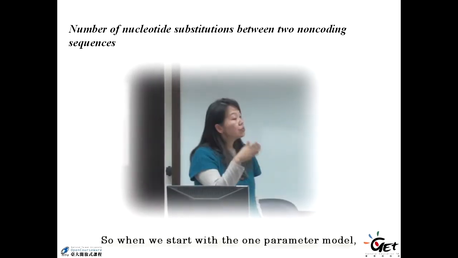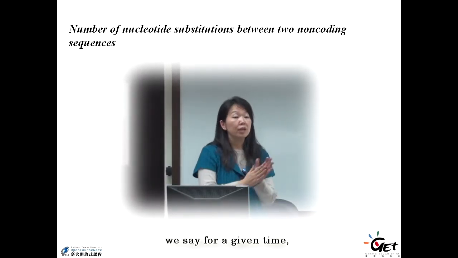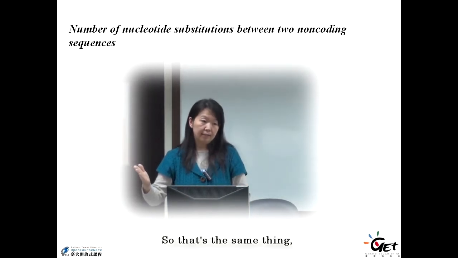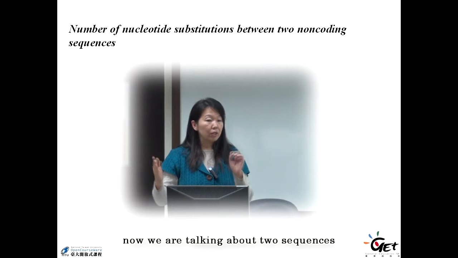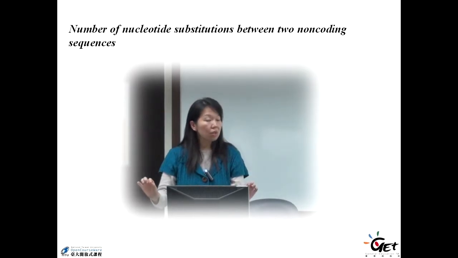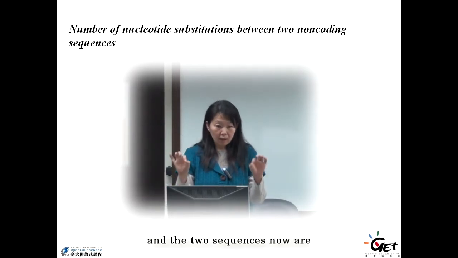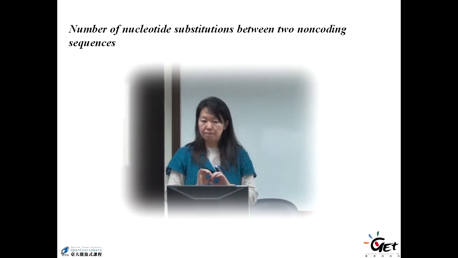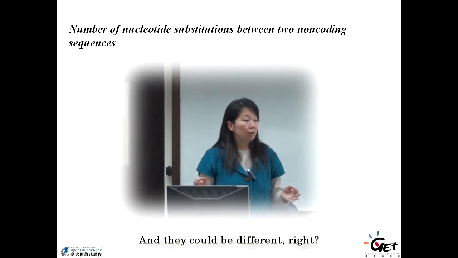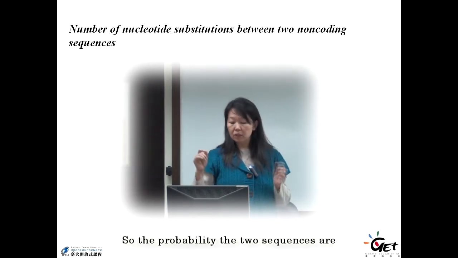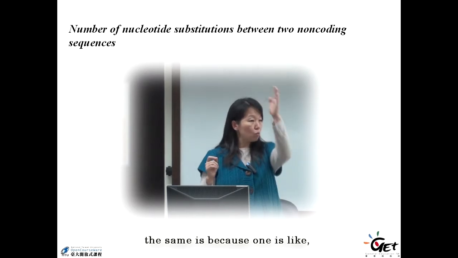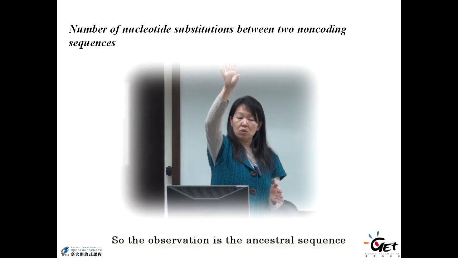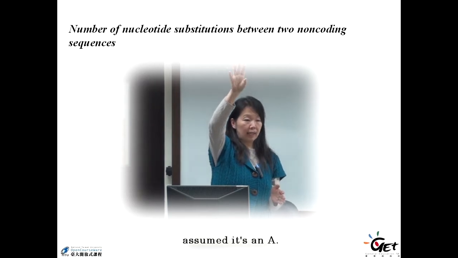When we started with the one parameter model, we said that for a given time, the sequence stays as an A. Now we're talking about two sequences, and both are at the A status, so they are the same. And they could be different, right? So the probability that the two sequences are the same: they start with an A, so the ancestral sequence is assumed to be an A.